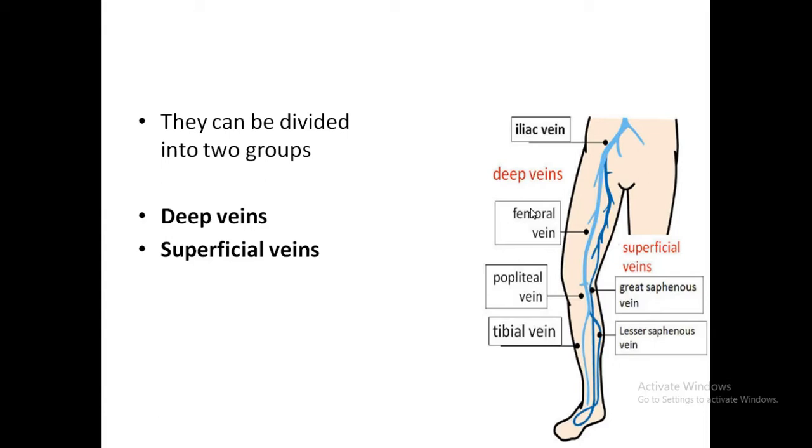They also contain tributaries. So, in short, in the lower limb, venous blood flows from the skin to the superficial veins, and from the superficial veins the blood is then drained into the deep veins. The valves prevent backflow of blood.